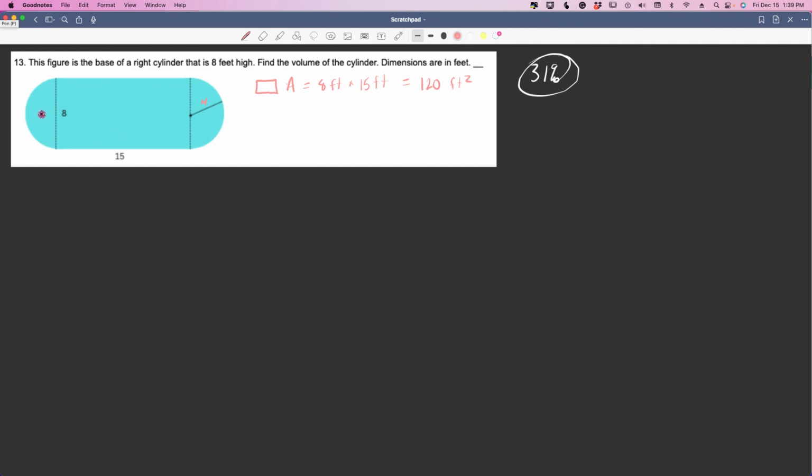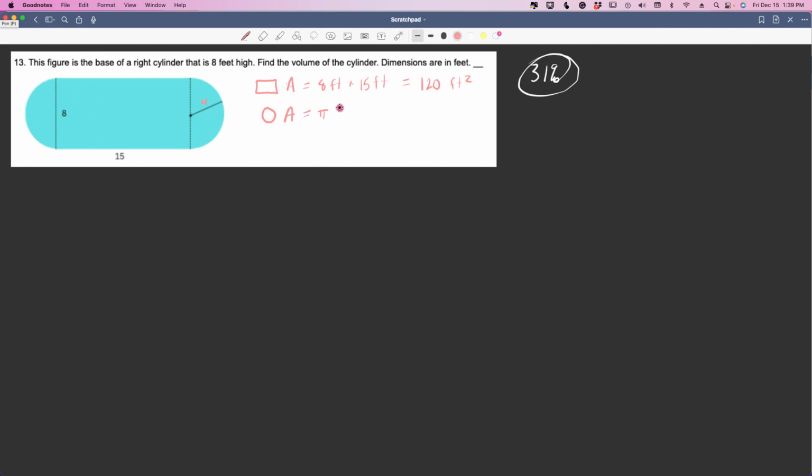Well, if we have a half a circle here and a half a circle here with exactly the same diameter, it'll have exactly the same radius. That means a half and a half equals 1 whole circle. So we have 1 whole circle. We don't have to divide anything by 2. So we have the area of a circle. We know that's pi r squared.